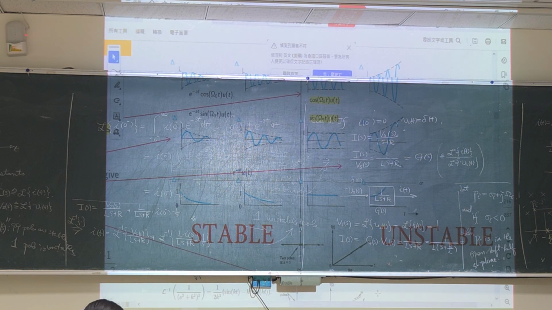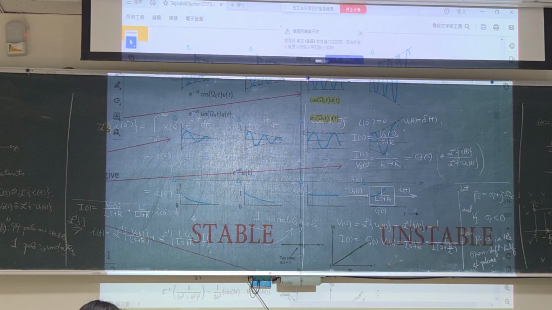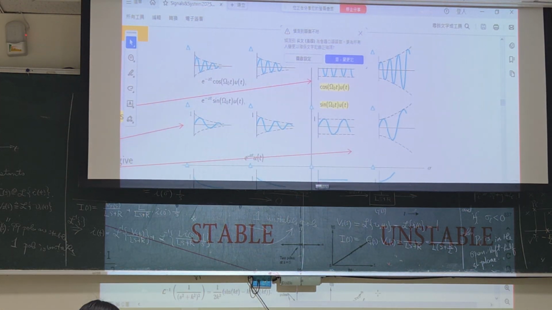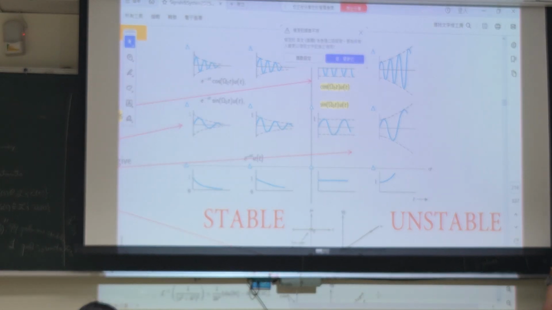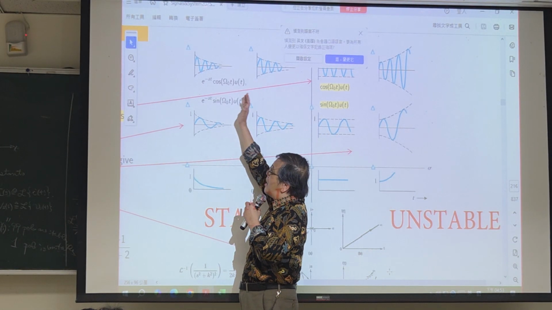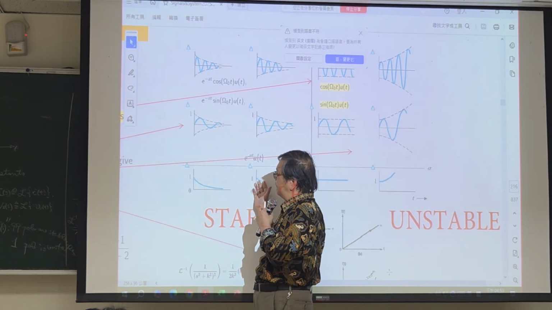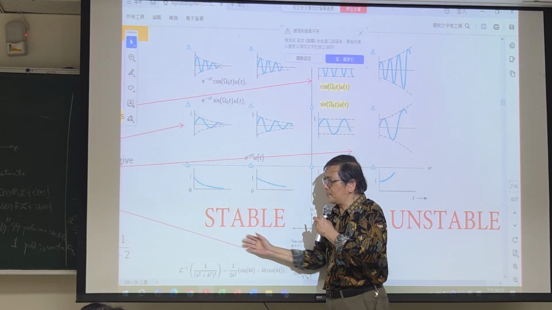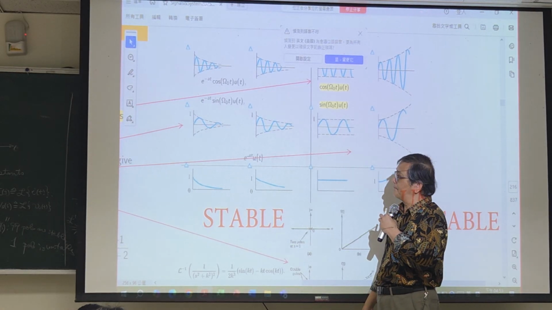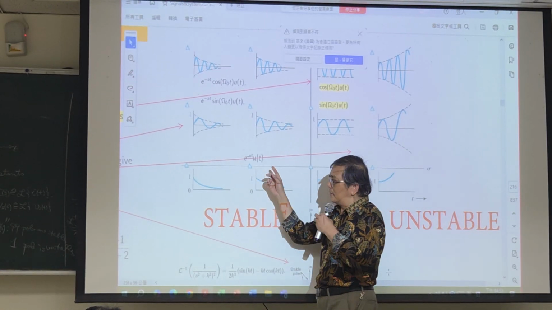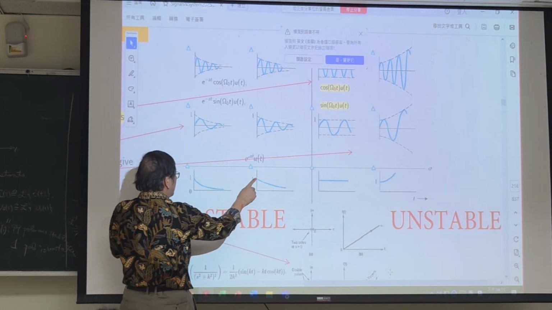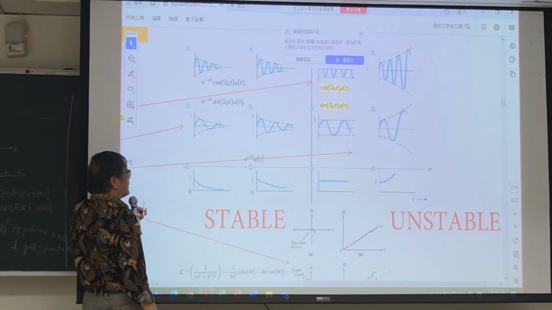All right, so again, let me remind you, this is an important figure in the chart. Burn this in your memory. If the poles are in the left half plane, the corresponding output is a stable function. On the negative real axis, the corresponding response is exponential decay.